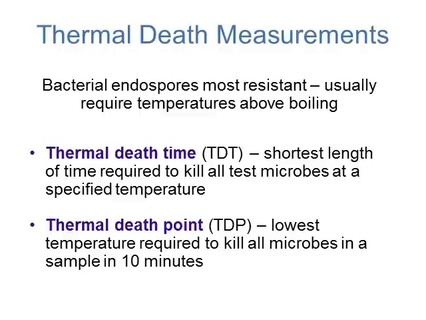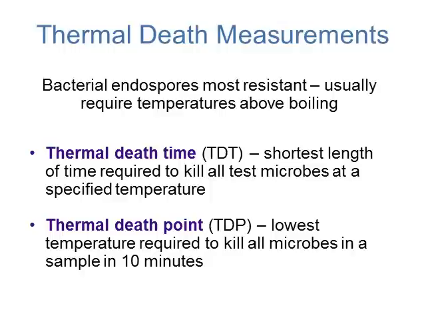So heat, we can measure this method a couple different ways. We can measure thermal death measurements. Bacterial endospores, remember, are the most resistant to most of these control methods. They usually require very, very high temperatures above boiling. In order to determine if an organism is dead, we can look at the thermal death time, or the TDT.